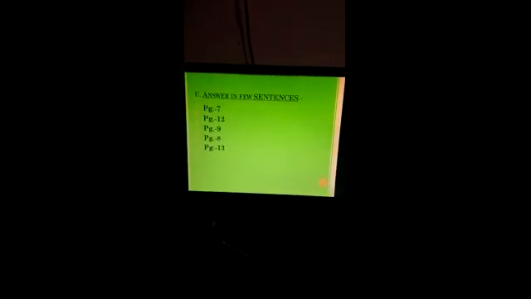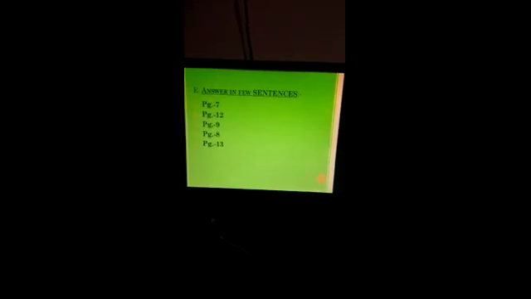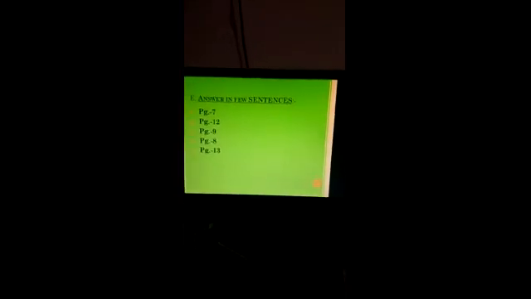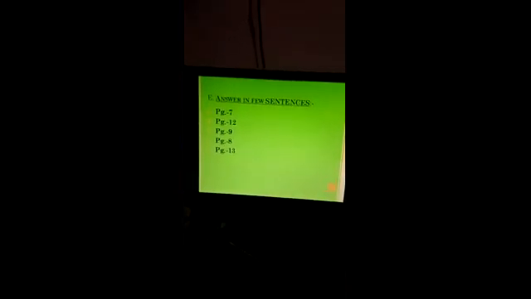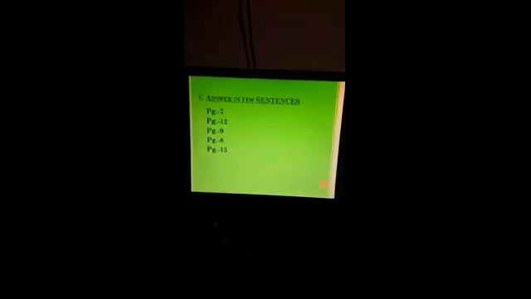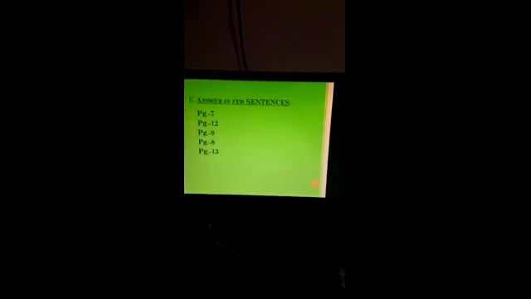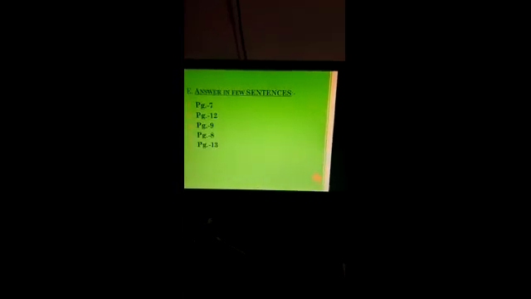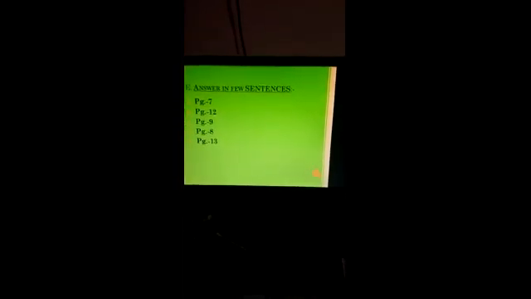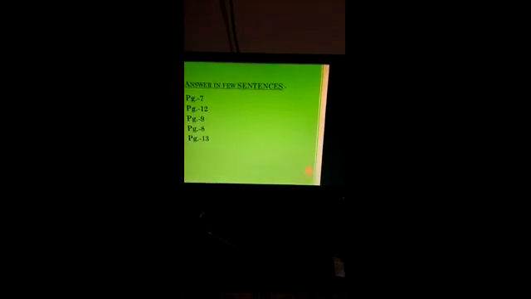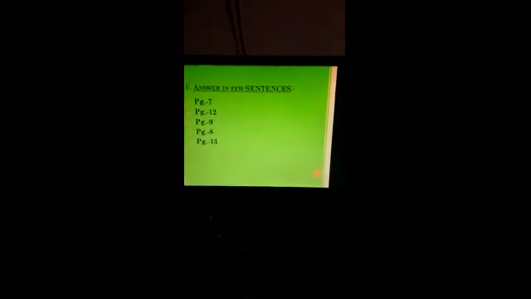Move to the question number 5. Describe the role of rhizobium bacteria in replenishing nitrogen in the soil. Move to the page number 13. Right hand side, second paragraph, second line.